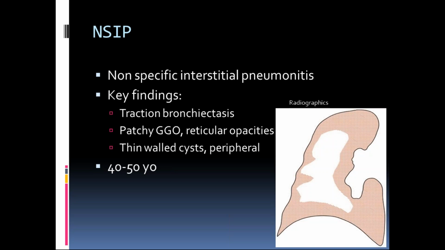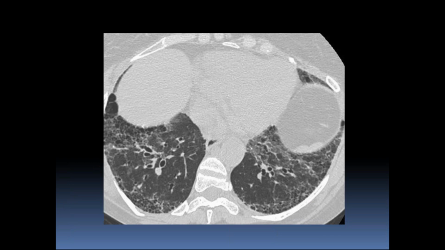Note the age distribution as well. These are younger patients. So these aren't going to be the older patients in the 55 to 70-year-old distribution. So that's going to help you as far as your history as well. So let's take a look at some of the other pictures that we have here.